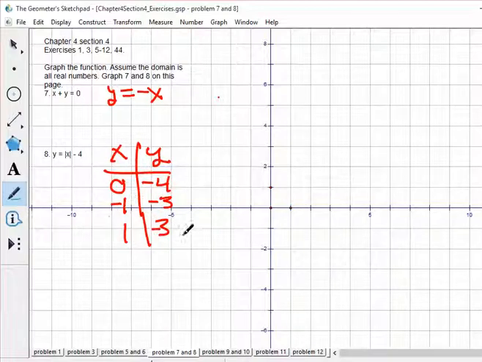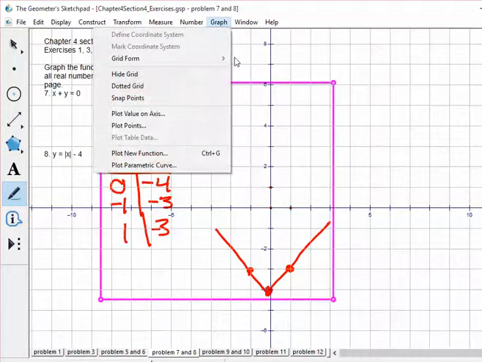So when I plot these points, which I'll do the way I'm supposed to, but real quick, I'd have 0, negative 4, then negative 1, negative 3, and 1, negative 3. It's going to make kind of a V shape, which is what all the absolute value functions look like. And you can even graph it and see that.